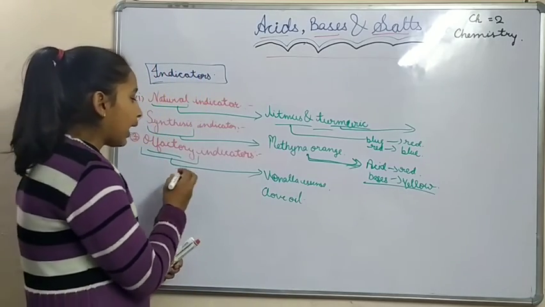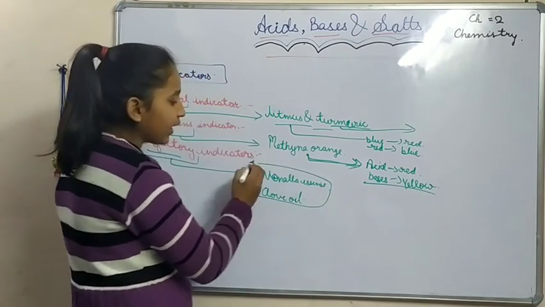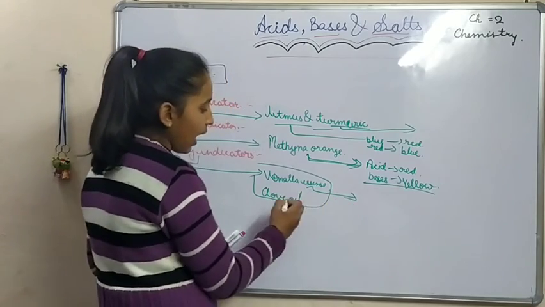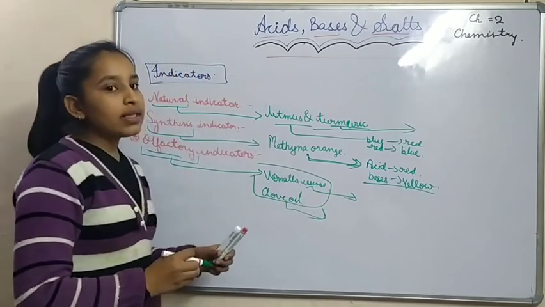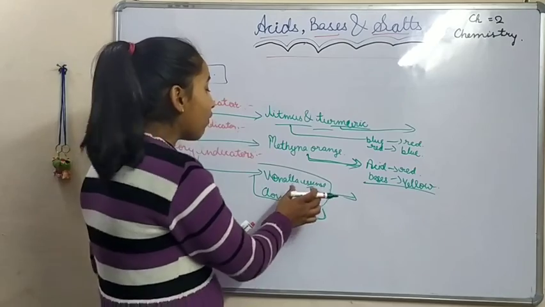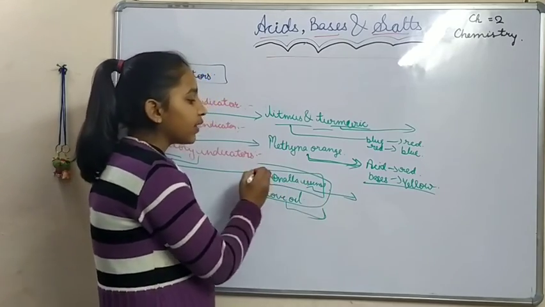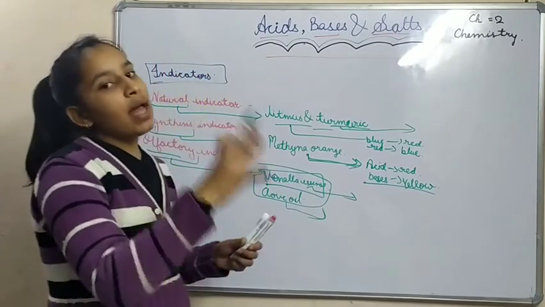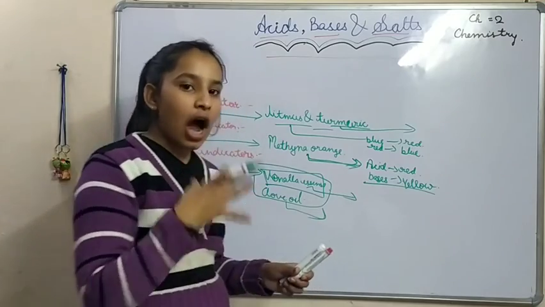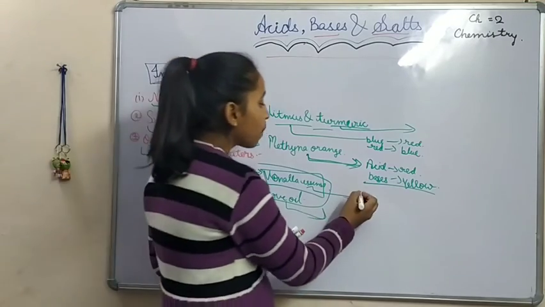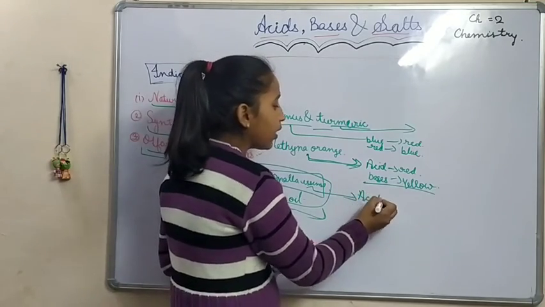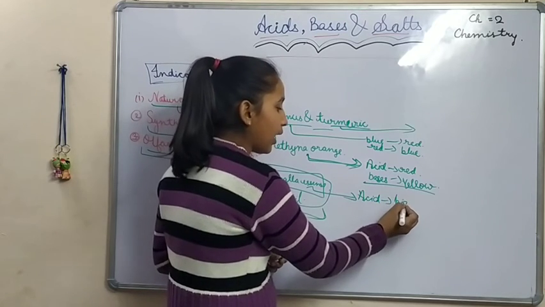And two examples of olfactory indicators are vanilla essence and clove oil. Clove oil means long ka tel. If I put acid in vanilla essence, its smell will be very high. So in contact with acid it will give you a very high smell.